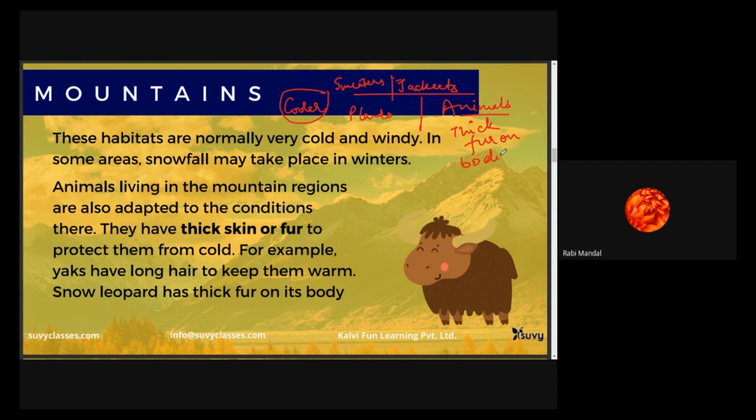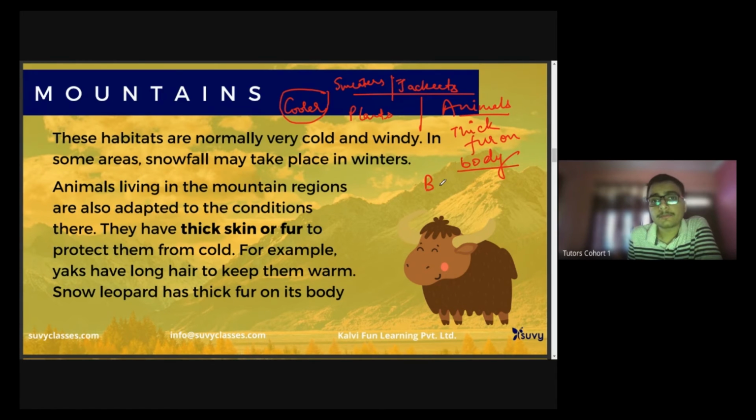If I talk about a polar bear, it lives in colder regions like Antarctica. It has a very thick fur on its body. Yaks also have thick fur on their body. This protects them from the cold.